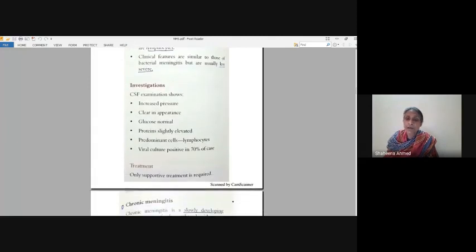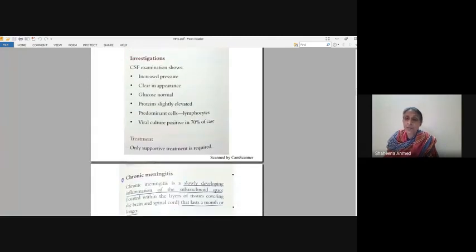Now if we look at the investigations, the cerebrospinal fluid pressure is going to be increased, but not as much as seen in bacterial meningitis. This fluid is going to be clear because usually it is of the transudate variety.